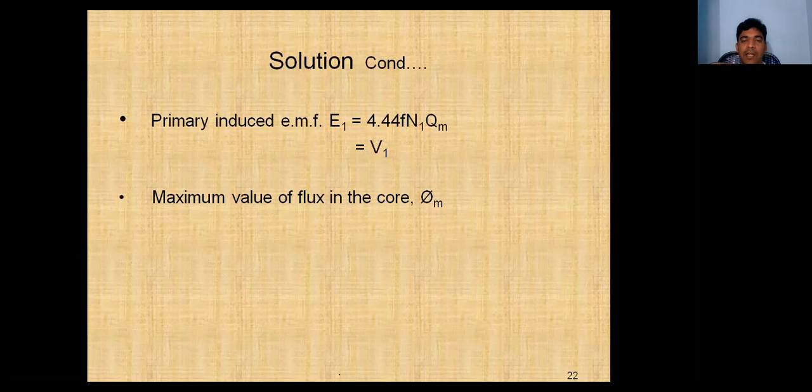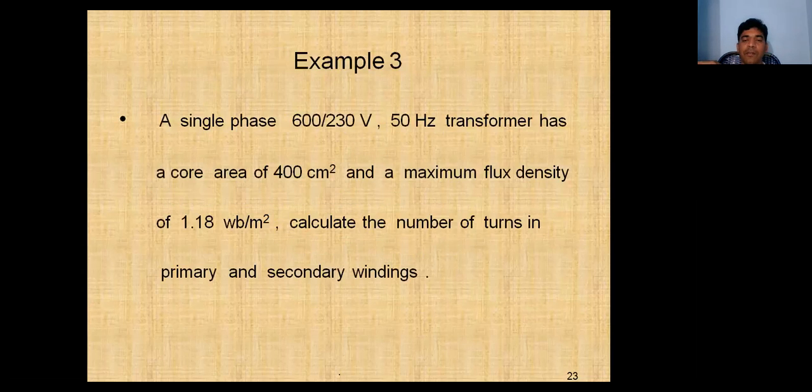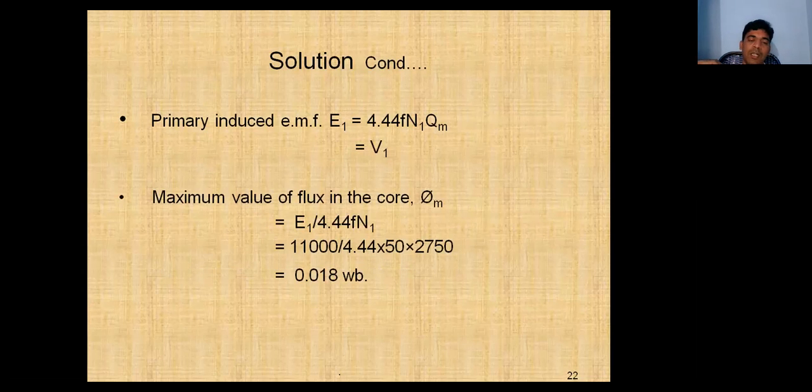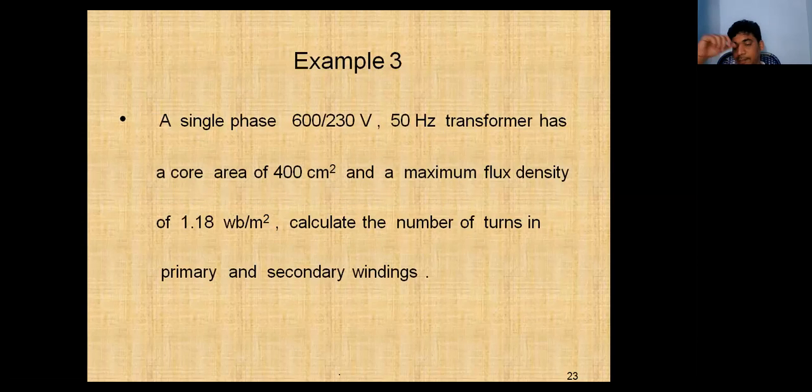Maximum value of flux in the core phi m is equal to E1 by 4.44 F into N1, that is equal to 11,000 by 4.44 into 50 into 2,750, that is equal to 0.018 webers. Next problem.